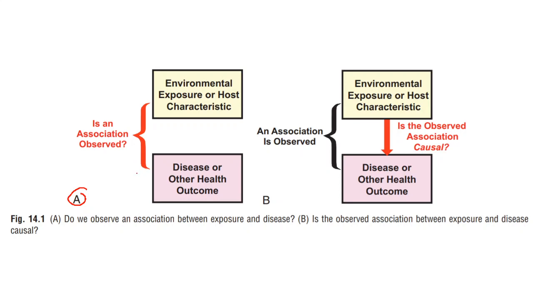Now, once we have observed an association, your next question would be whether that observed association between exposure and disease is actually causal. And this is what causal relationship is all about. We try to determine whether there is an association or correlation between an exposure or characteristic and the risk of the disease.